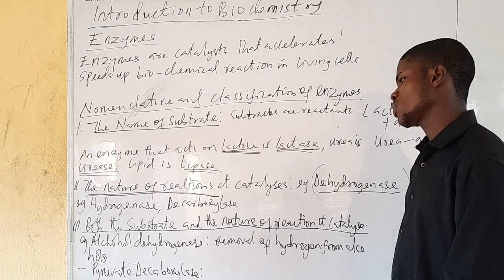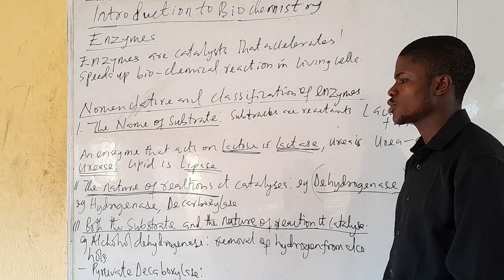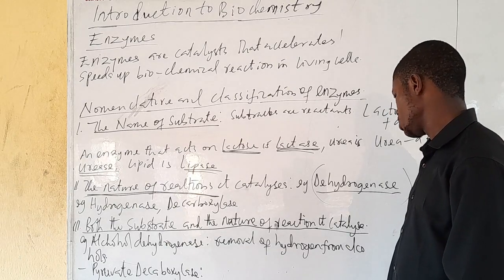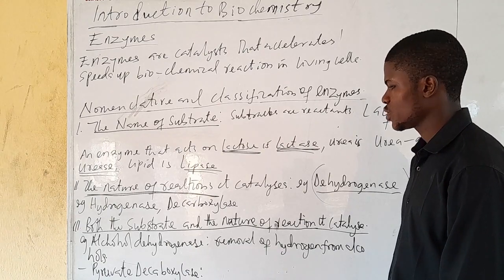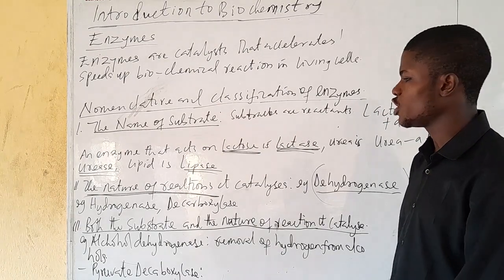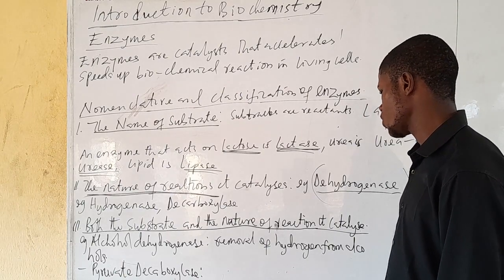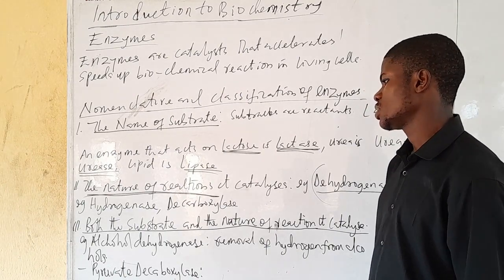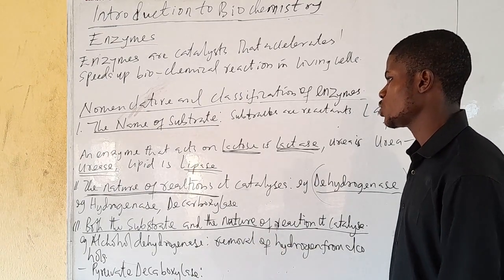In the nomenclature and classification of enzymes, another thing we can consider in giving them names for easy identification is both the substrate and the nature of reaction it catalyzes. Take note of this. These are serious exam questions.